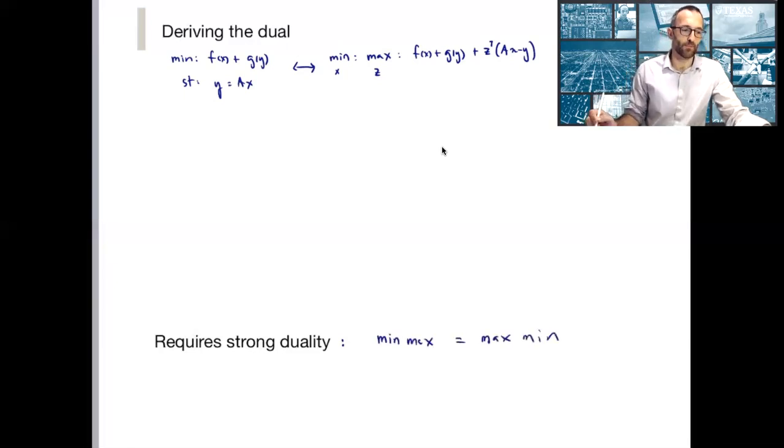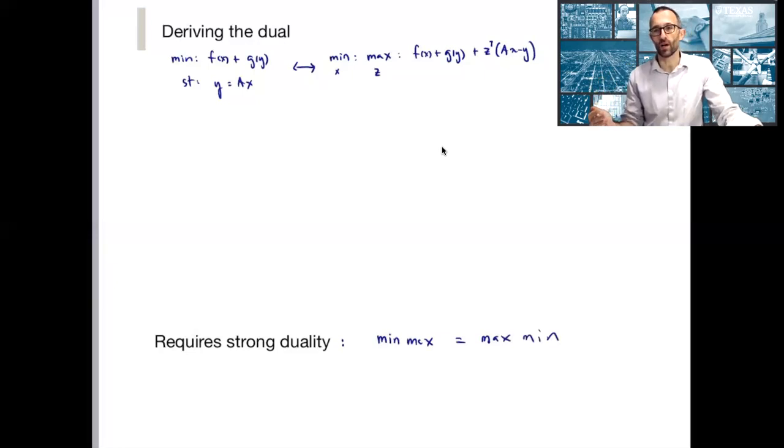And there is a very commonly used sufficient condition for strong duality. Strong duality for a general convex optimization problem does not always hold, and there are not succinct conditions for when it holds. There are various sets of sufficient conditions.